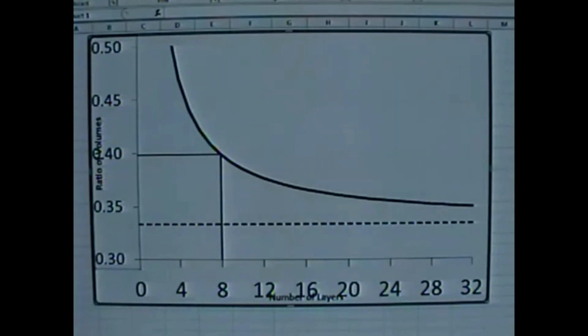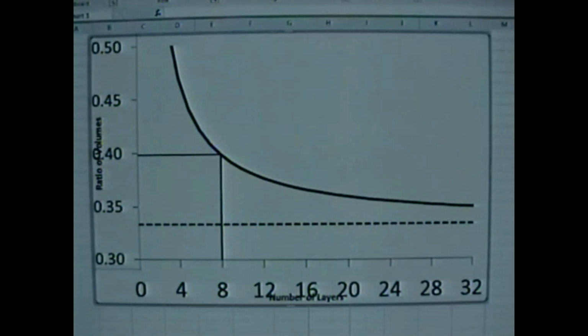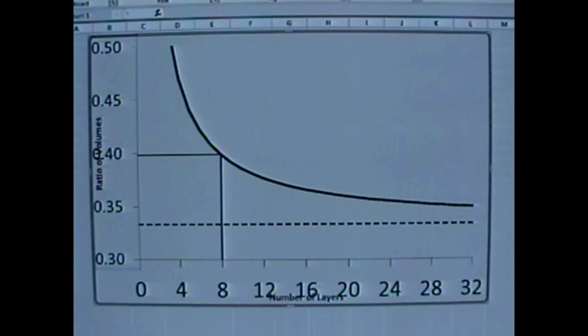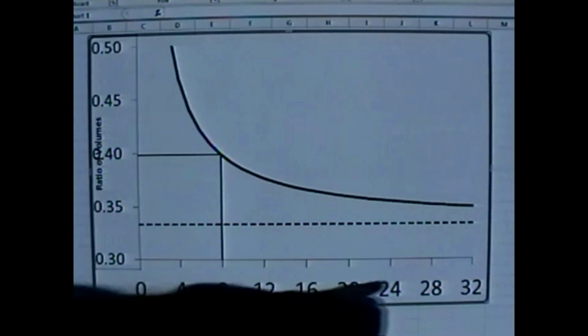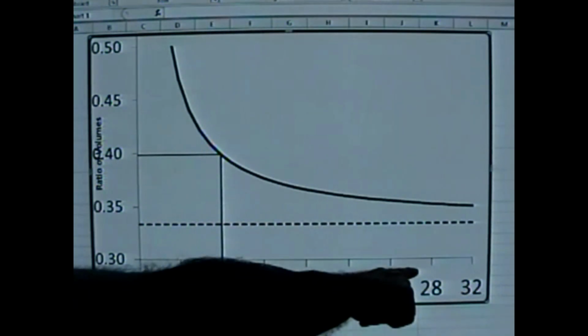Now, as it turns out, the more layers we have, the closer we get to 1/3 when we compare the volume of the step pyramid to the volume of the corresponding cube. Now here's a graph that shows the relationship of the number of layers in the pyramid to the ratio of the pyramid's volume to the volume of the surrounding cube. When we go from left to right, the number of layers is increasing from 0 to 32.